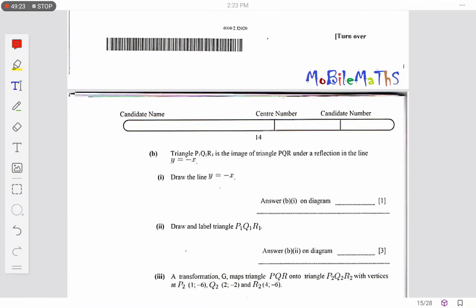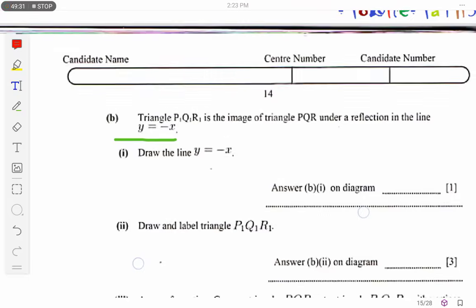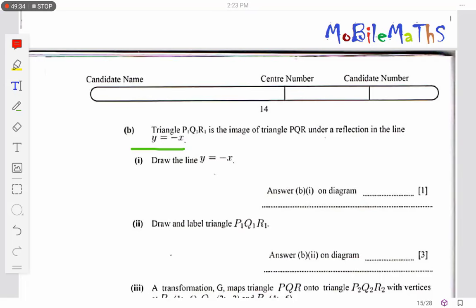The next question is saying that we have got a reflection in the line y is equal to minus x. So basically when we have y is equal to minus x, you can have a table. A table will help you to answer such a question, like you say when your x is 0, what is your value of y?